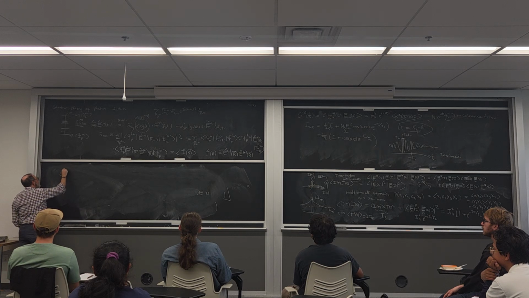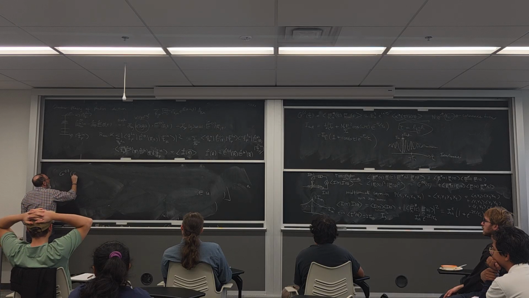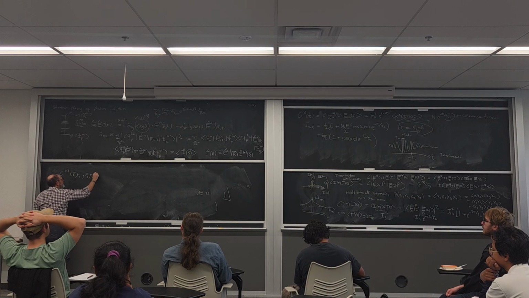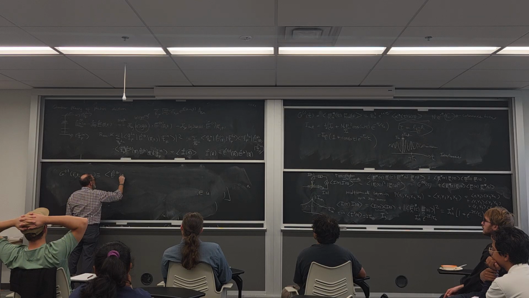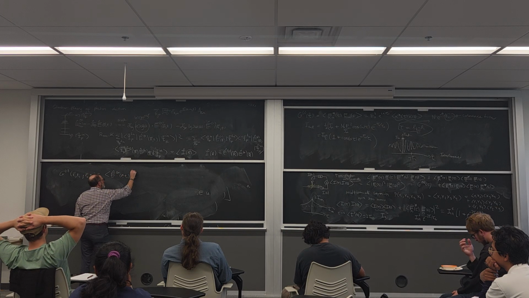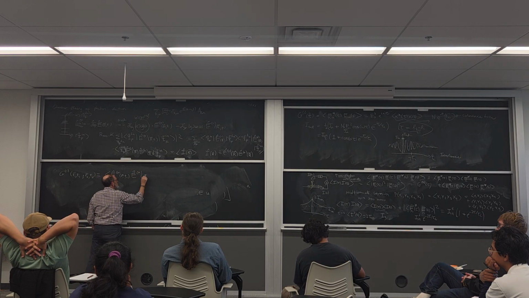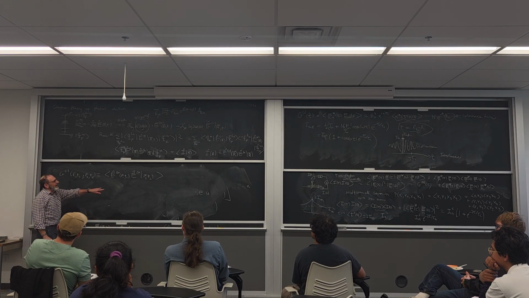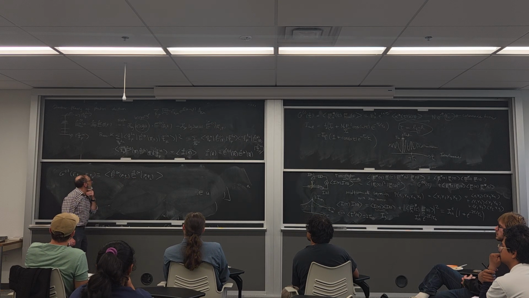And Glauber called this G1, and I can define G1 at R1, T1, and R2, T2 to be this quantum correlation function. I'm autocorrelating this operator with this, and then taking the expectation value, okay?